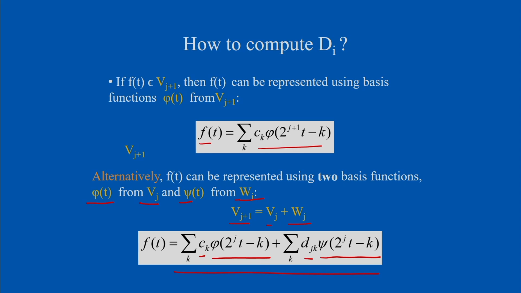So Ft can be represented by using these two basis functions. This component I can consider as the approximate component, and this difference I can consider as the detail components.